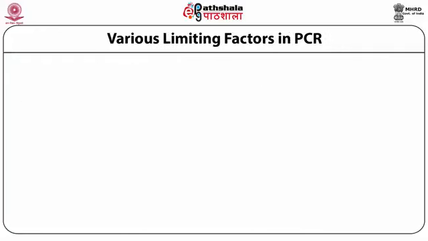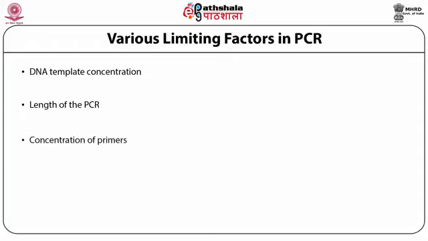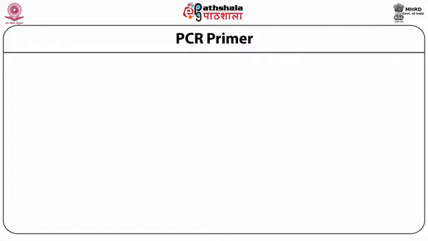If we ask what the various limiting factors in PCR are, first and foremost is the DNA template concentration, length of the PCR, then concentration of primers as well as the dNTPs and Taq polymerase. Now come to the PCR primer. The PCR primer is a very important component to perform a PCR cycle.